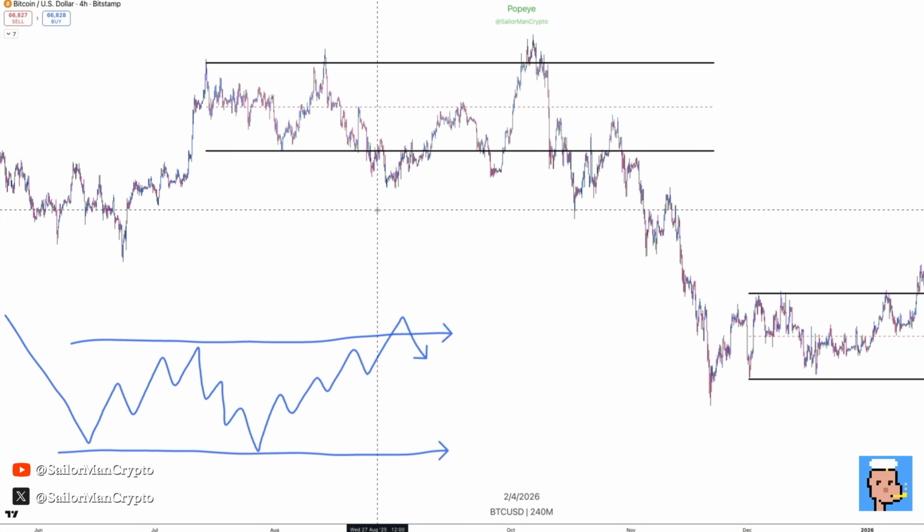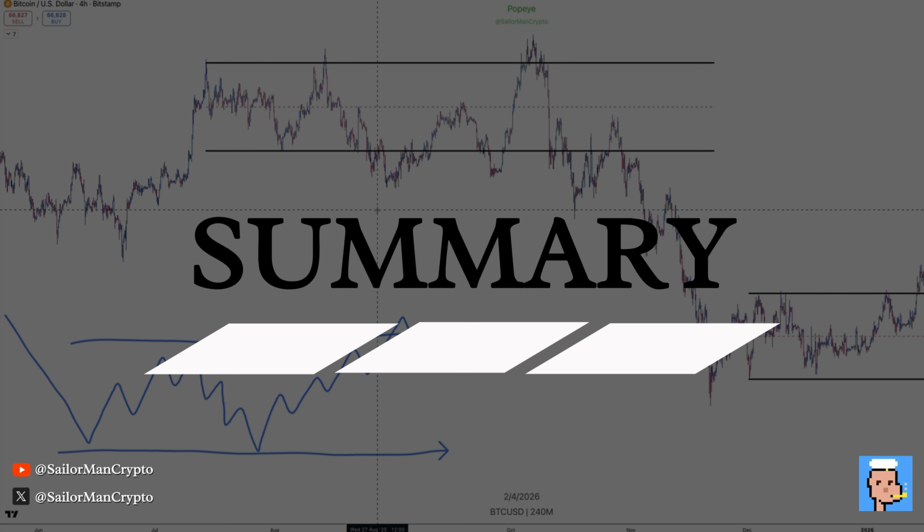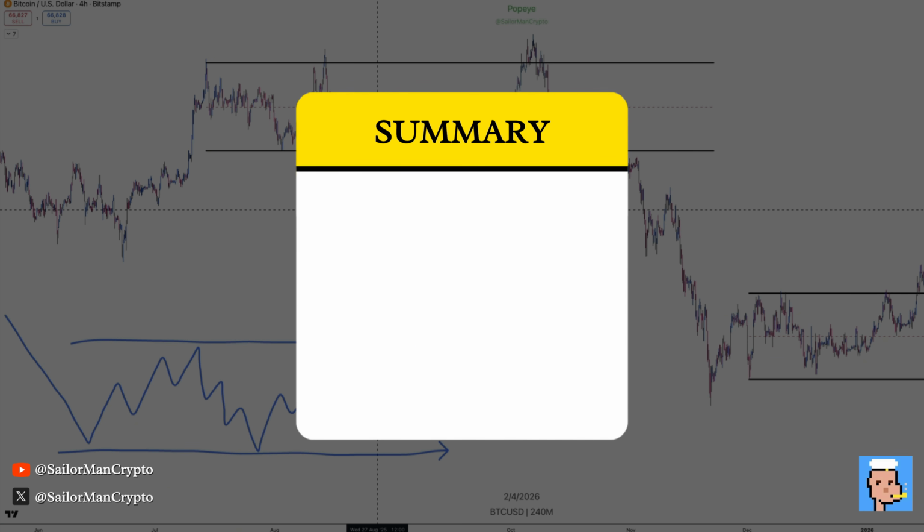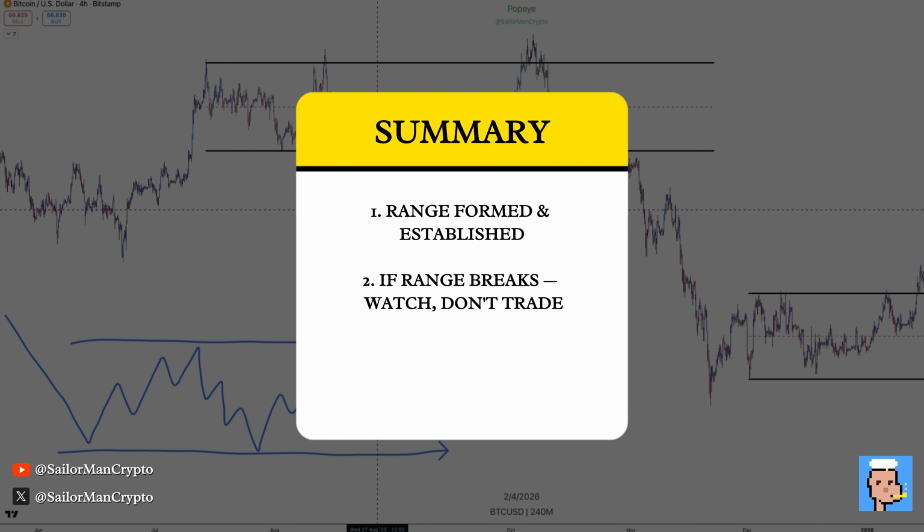So a quick summary, a quick recap. This is the range trader trilogy. In episode 1, we saw why people lose money on the range. In episode 2, we saw my 5-step setup to trade range deviation. So we know that a range needs to be formed properly. We know that a range should break. We know that after the break, the price should deviate back inside the range, trapping breakout traders, creating a bull trap or a bear trap.